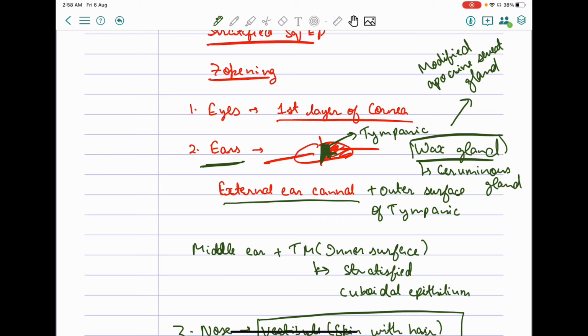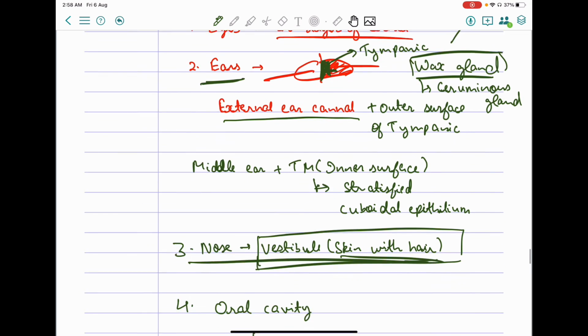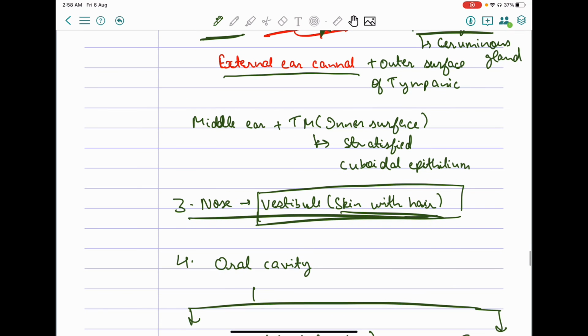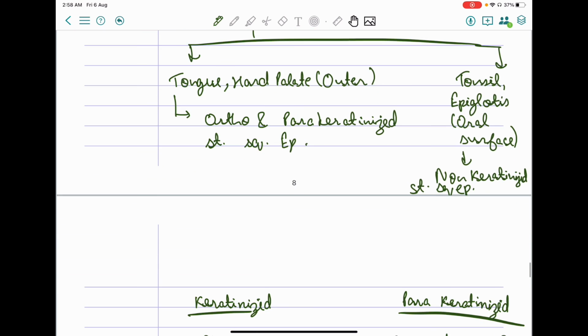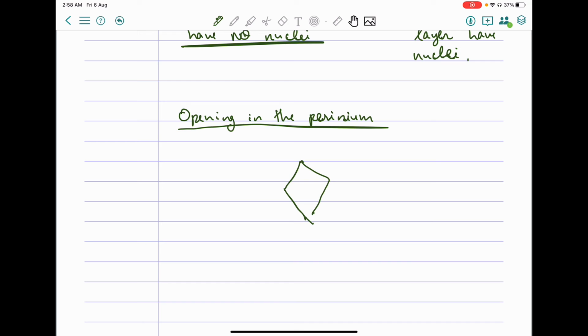Okay. So we have talked about the four openings, that is eyes, ears, nose, and oral cavity. Let's talk about the openings in the perineum. We all know that there are three openings.